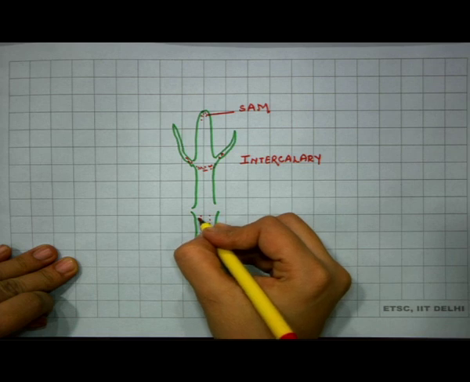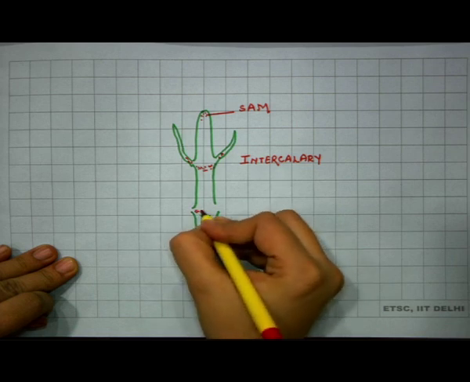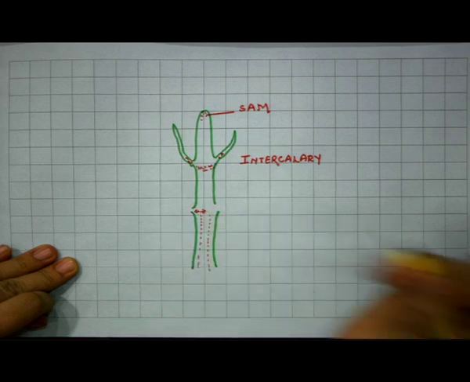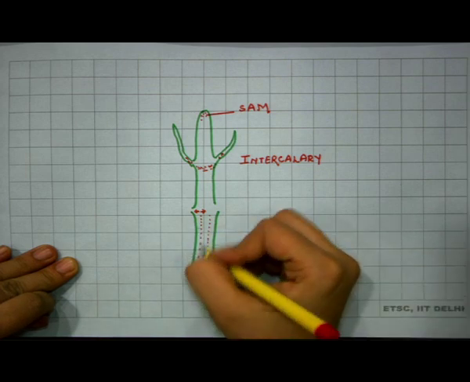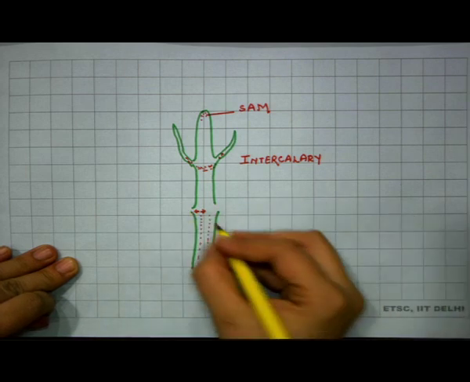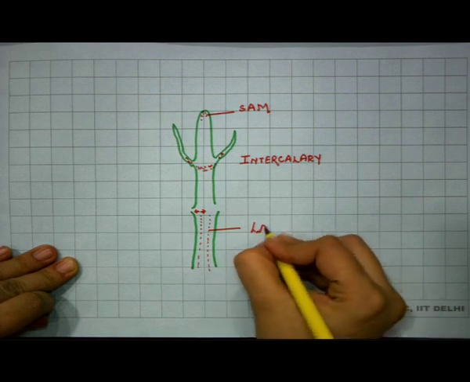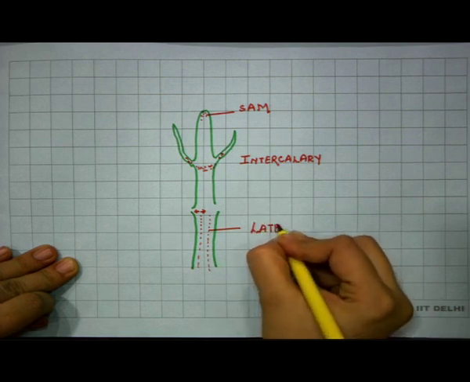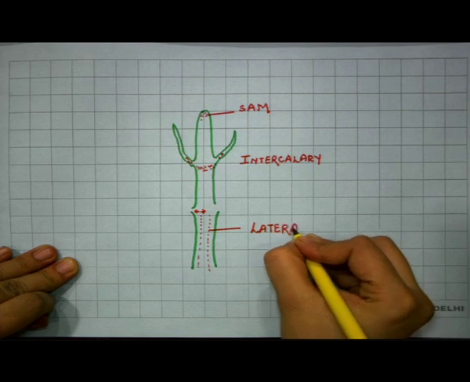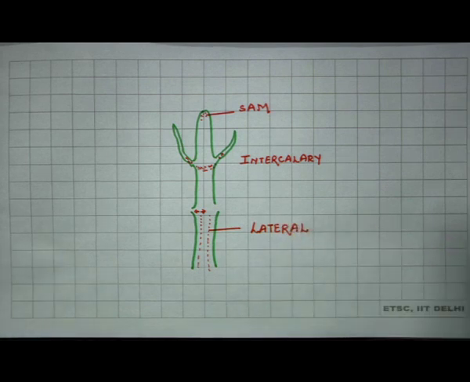When it will divide, it will produce cells this way and this way. What will happen? The girth of the plant will increase. This meristem, which develops later and causes increase in the girth, is known as lateral meristem. So, these are the three types of meristems based on the position in the plant body.